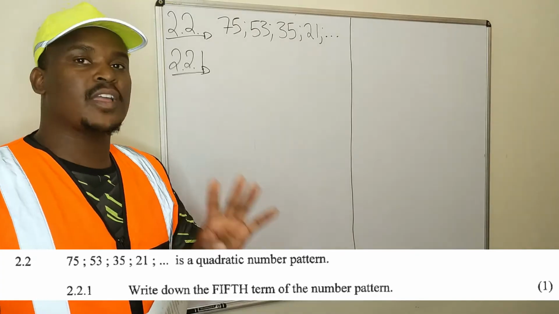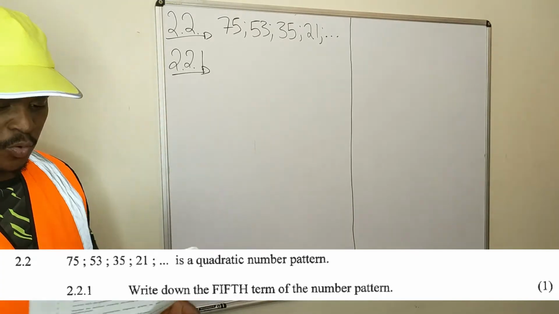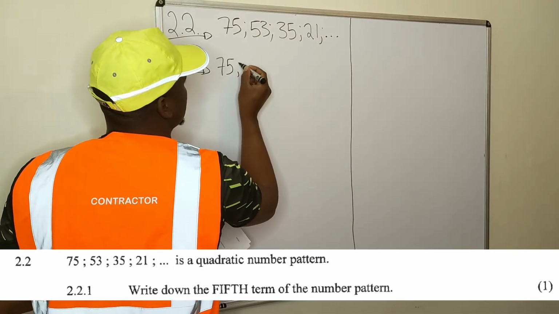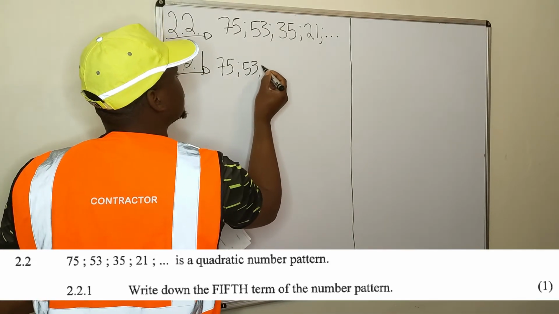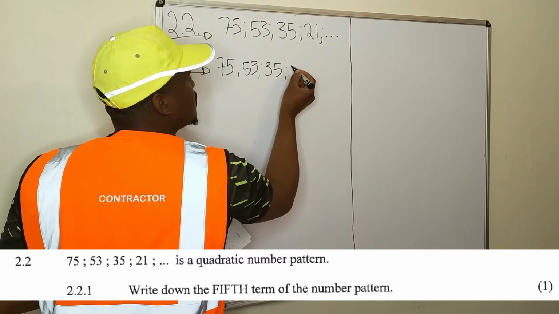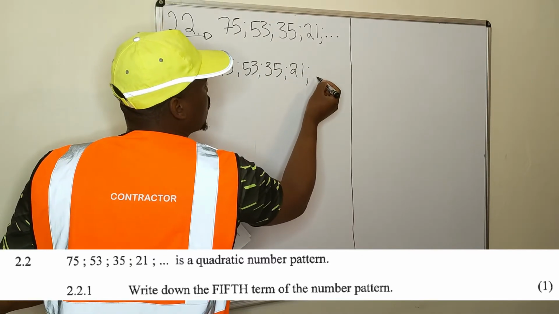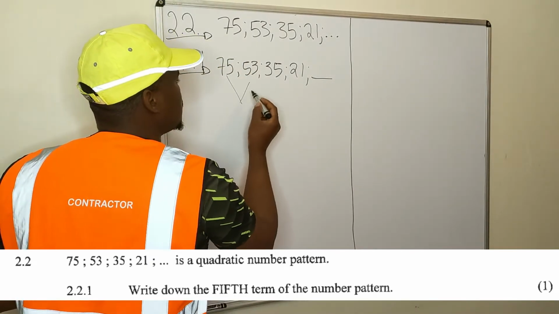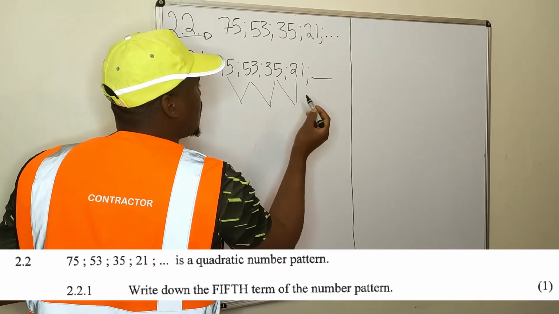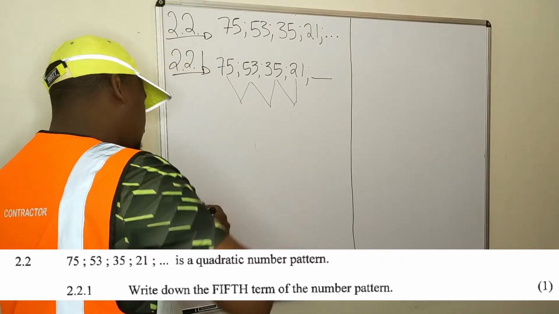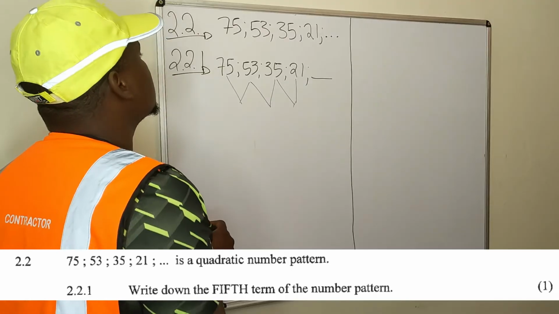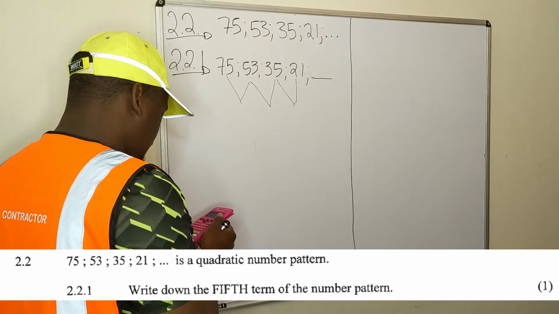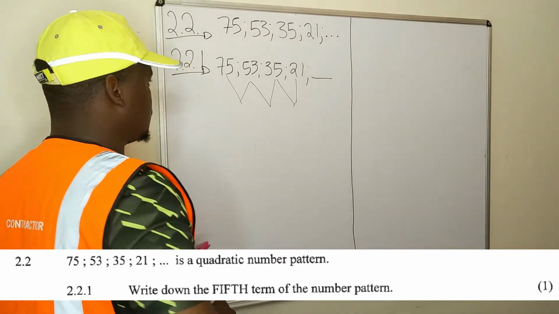1, 2, 3, 4. We are given 4 terms. They want the fifth term. The terms that we're given are 75, 53, 35, 21. We want the fifth one. So we find the difference between each pair of consecutive terms. 53 minus 75 is minus 22, right?